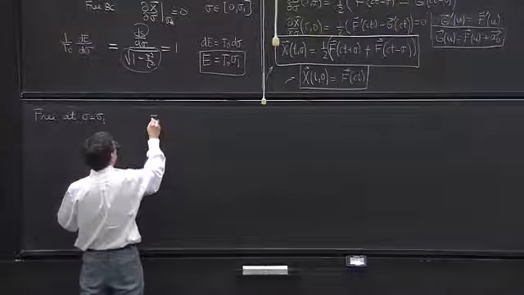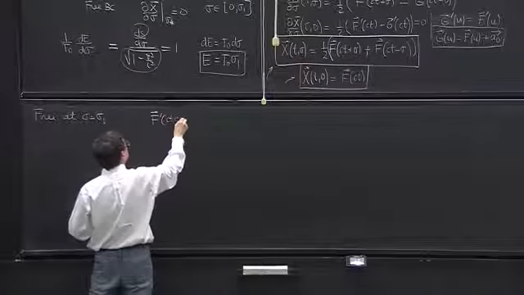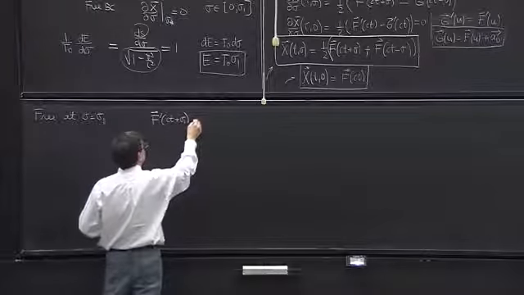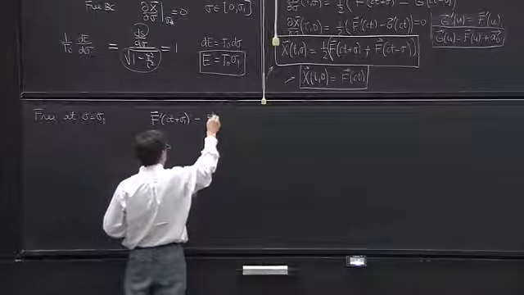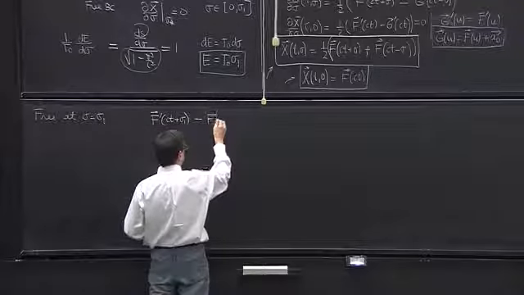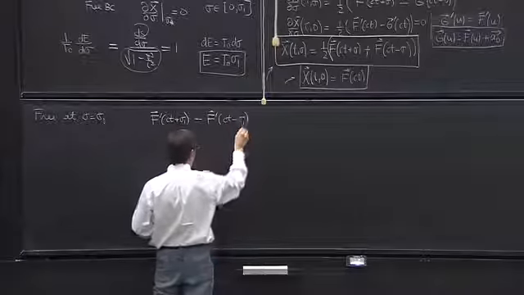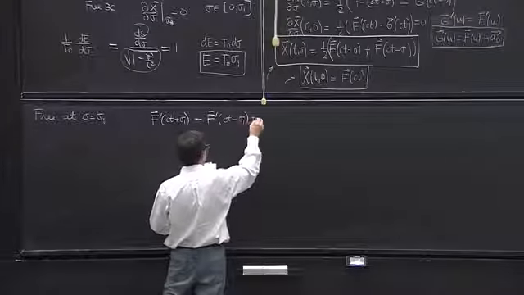So I get f prime of ct plus sigma 1 minus f prime at ct minus sigma 1 must be 0. I'm taking the sigma derivative, so that's why I did the extra sign.